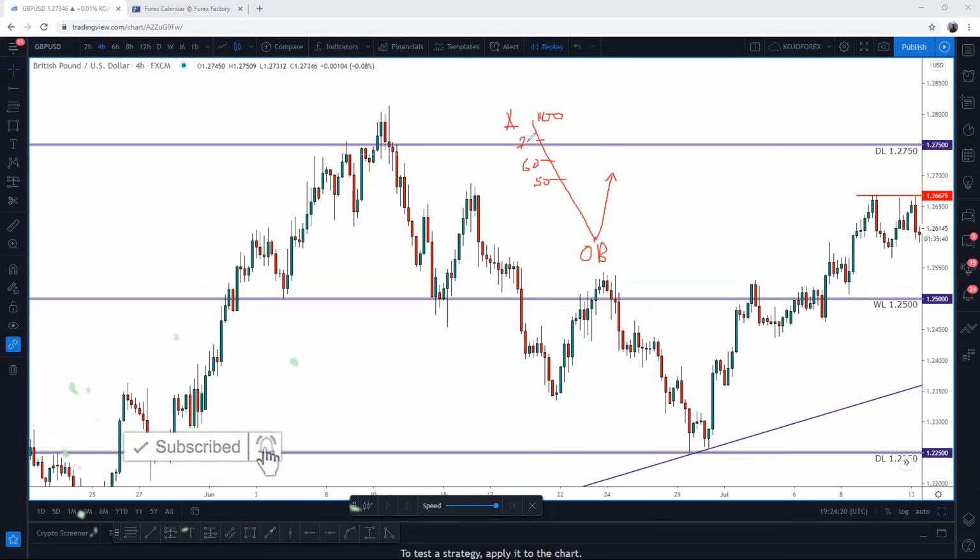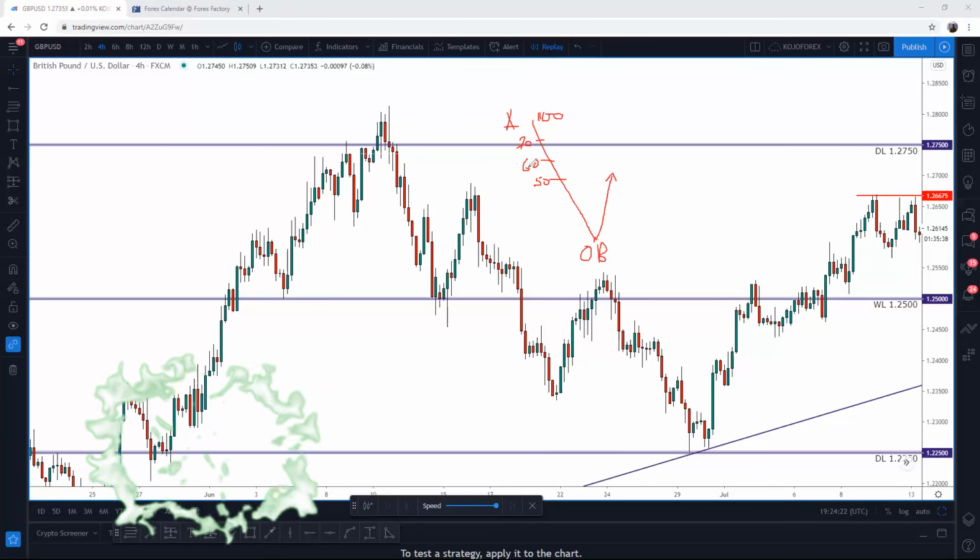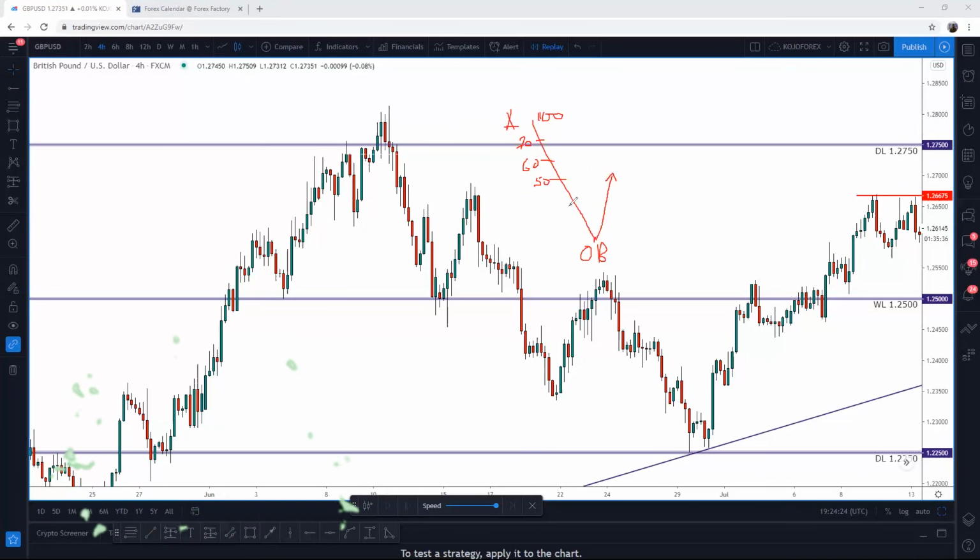So the key Fibonacci ratios that I use are the 50, 61.8, and 78.6. If the market is pulling back up into this range, Fibonacci tries to measure where the market is possibly going to reverse. Is it going to reverse at 50% and then continue its wave down? Is it going to reverse at 60% and then continue its wave down, or perhaps 70% and continue its wave down?